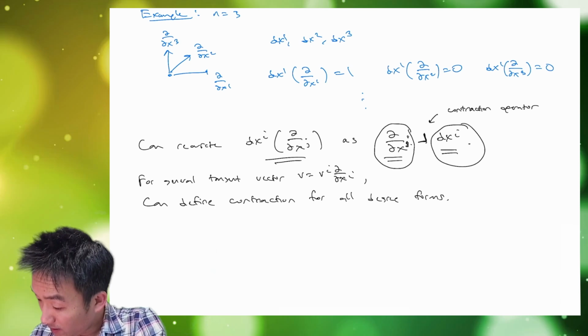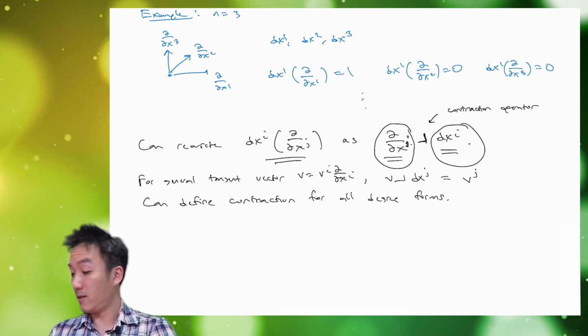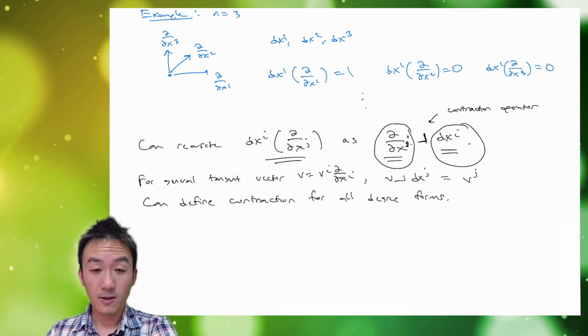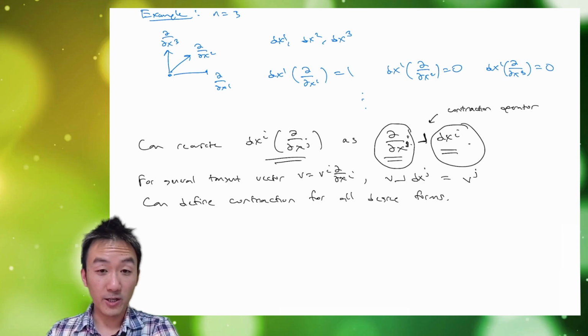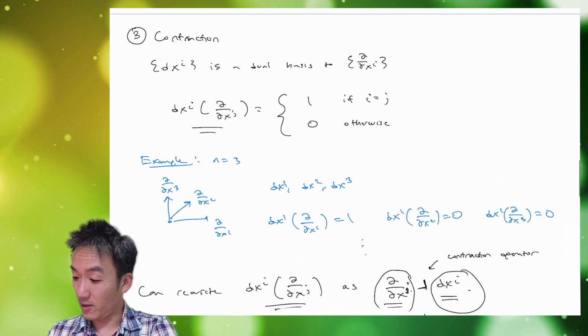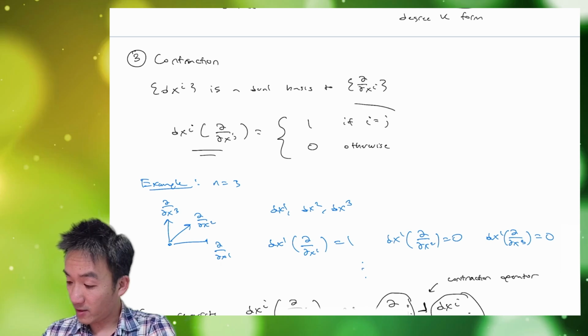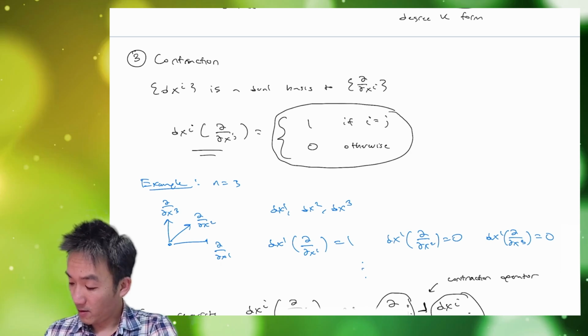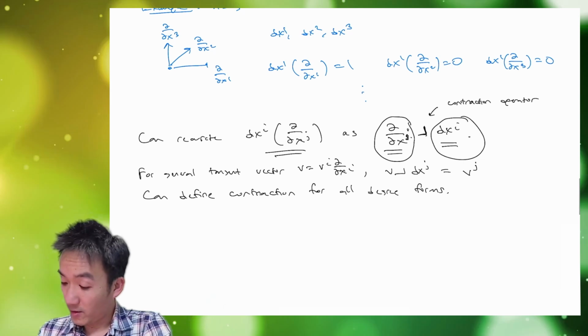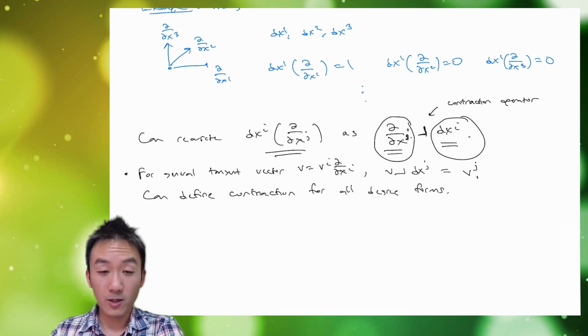And then if I do v contract with dxj, then this is just vj, right? Because dxj will pick out the component of the tangent vector for which i is equal to j. It's this dual basis property here, precisely this. I just wanted to emphasize this so we're all on the same page.